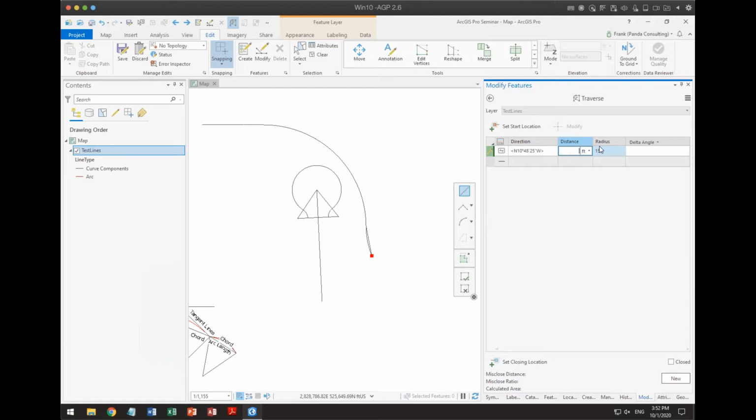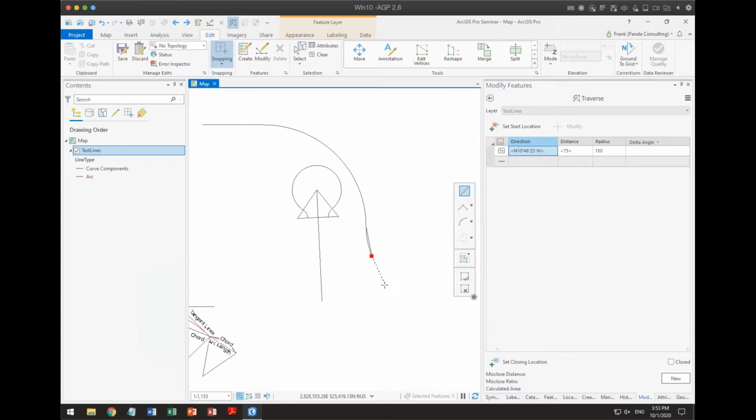I said that's 0. Frustrating part about the traverse, I can't capture that on here. Sometimes you can just overwrite it, but it still remembers that that was digitized and it wants it to be that.